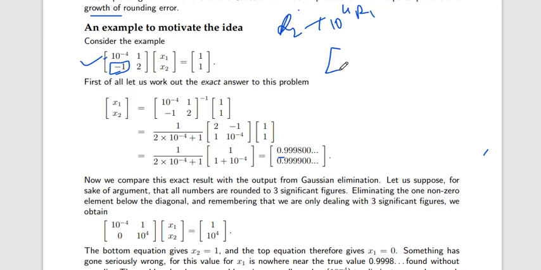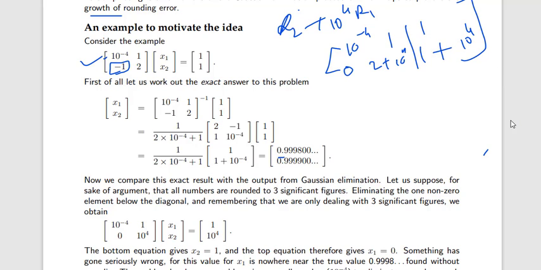So here 10 raised to minus 4, first row remains the same, second row 0, and this will become 2 plus 10 raised to 4. Here x1 and x2 remain the same, and on the right we transfer this into the augmented matrix: 1 and 1, where 1 remains the same, and 1 plus 10 raised to 4.